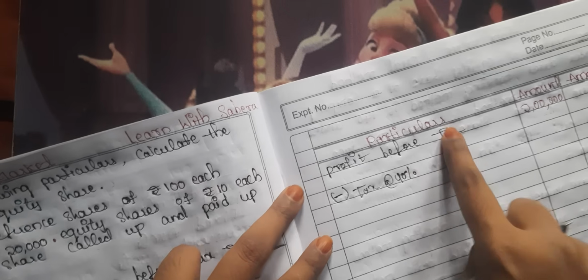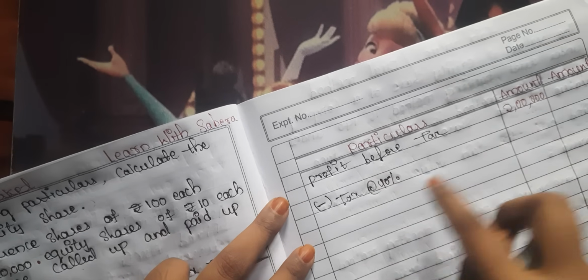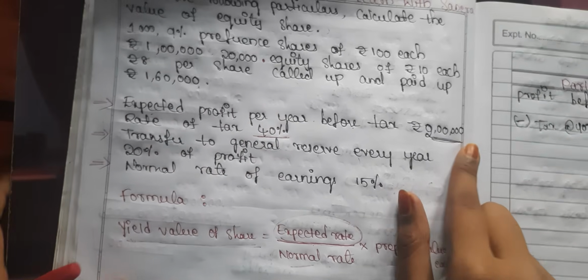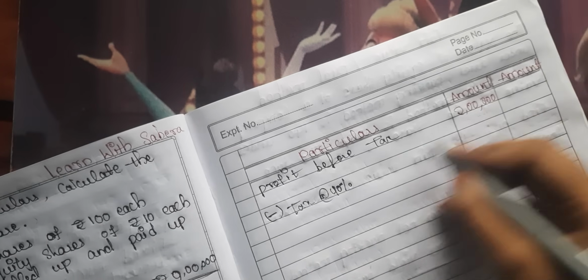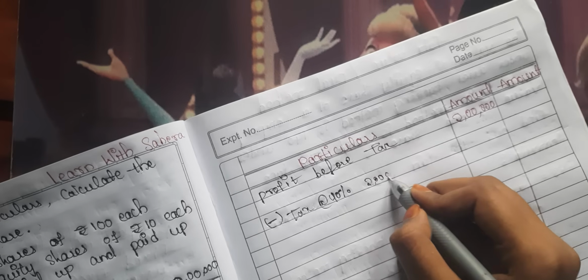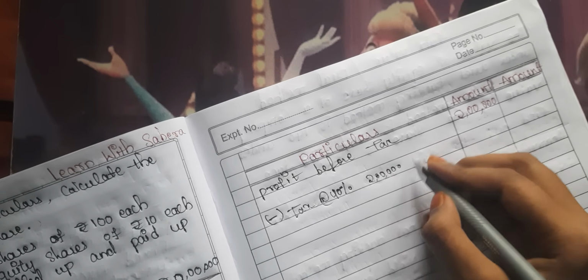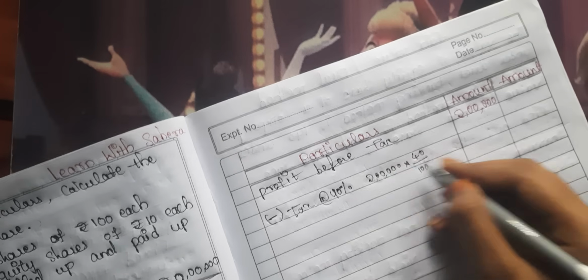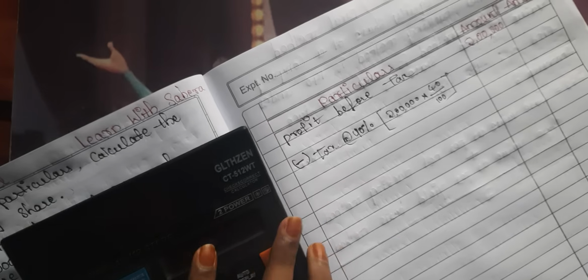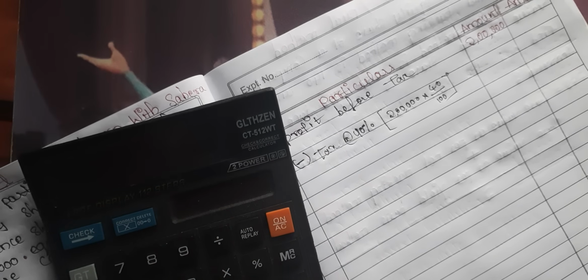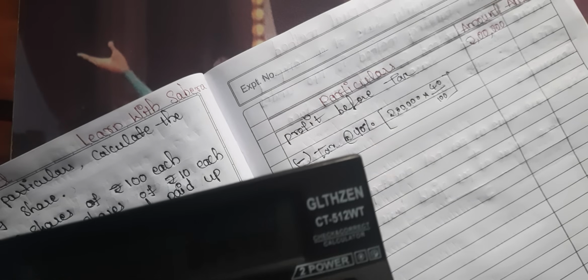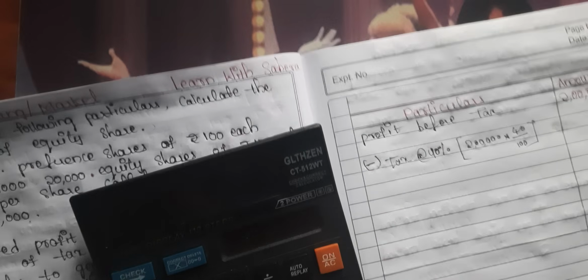So 2 lakhs into 40 divided by 100, or you can directly do 40%. Do it in your calculator. 2 lakh into 40%, how much is it? It is 80,000.